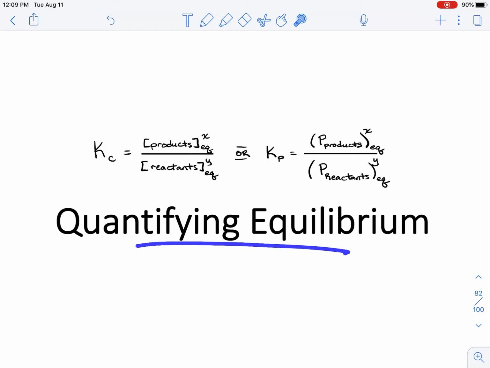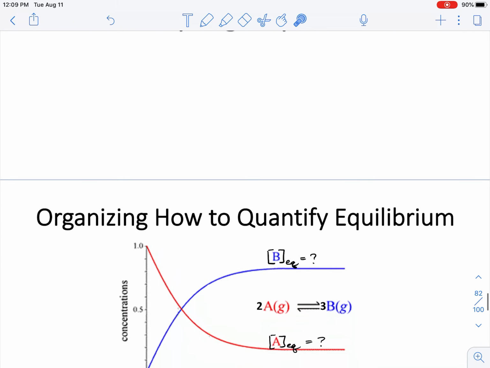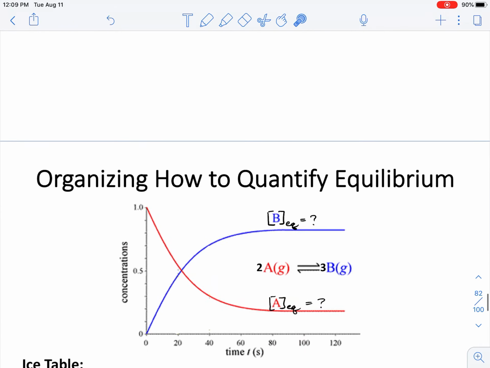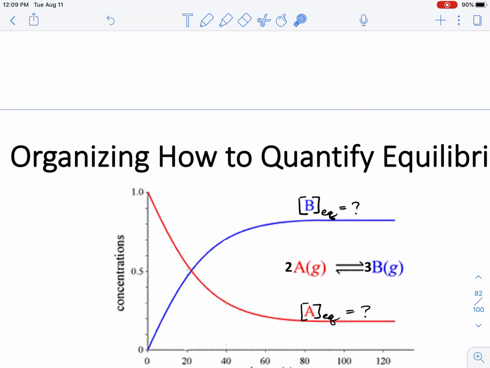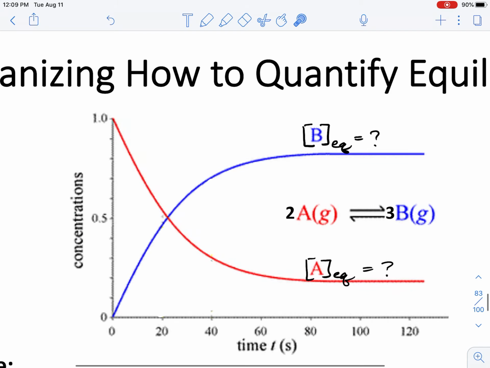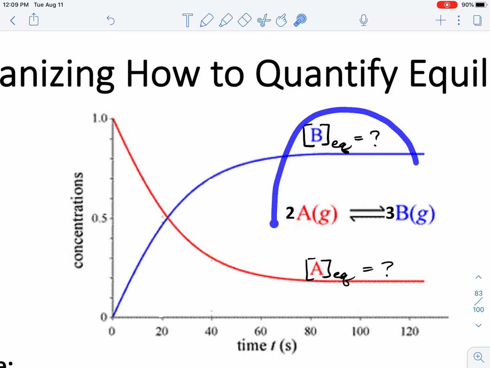Now, the trick to quantifying the equilibrium concentration for both products and reactants is to be able to describe mathematically the progress of the chemical reaction from start to finish. To better understand this point, I want to draw your attention to this graph that describes the conversion of reactant A into product B until a state of dynamic equilibrium is achieved for this chemical system.